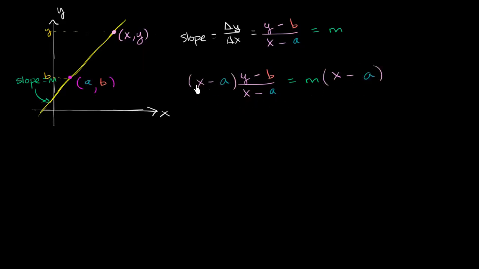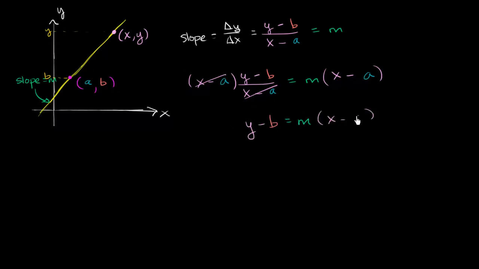The whole point of that is you have x minus a divided by x minus a, which is just going to be equal to 1. And then on the right-hand side, you just have m times x minus a. So this whole thing has simplified to y minus b is equal to m times x minus a.